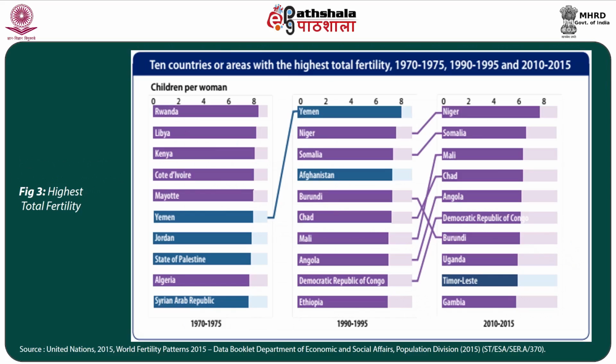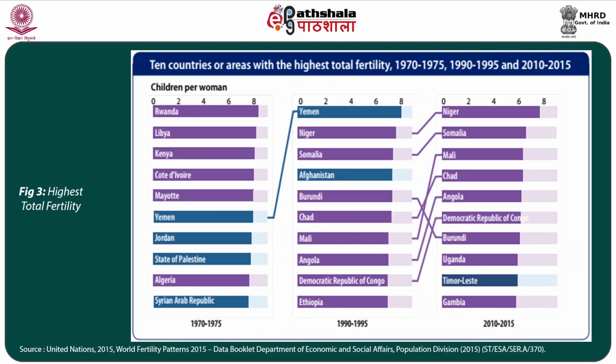Let us move to figure 3. It tells us about the 10 countries or areas that recorded highest total fertility in 3 different time points: 1970-75, 1990-95 and 2010-2015.